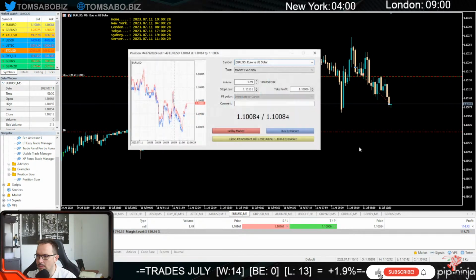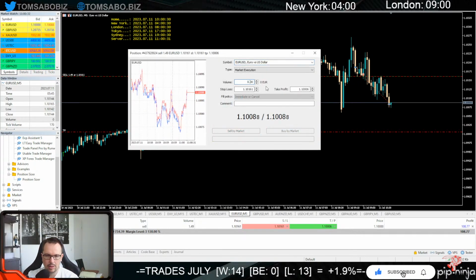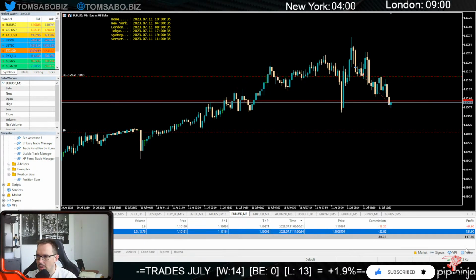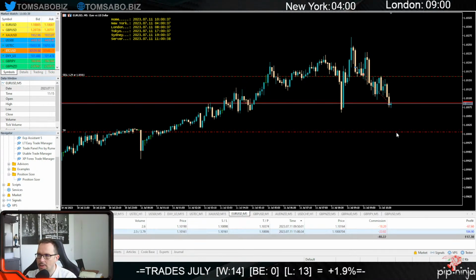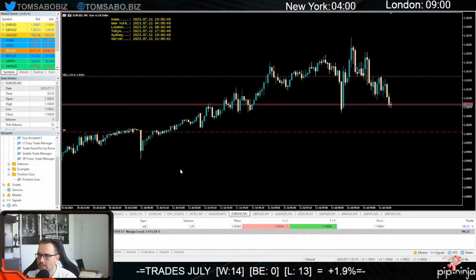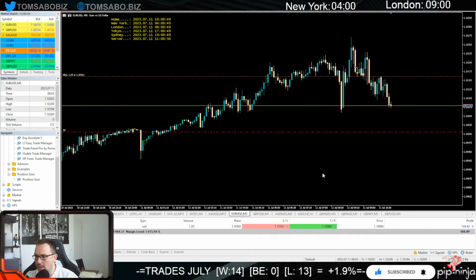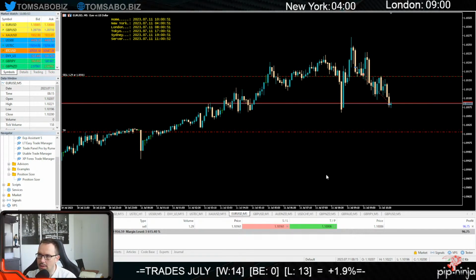Actually, maybe a little bit more. All right, now it looks better. So this one is a little bit glitchy, but still, it was a successful trade. It had put it to break even, but the problem was that it didn't close the partial.